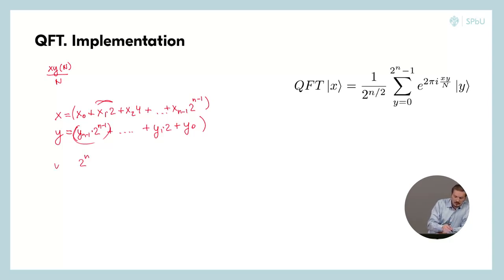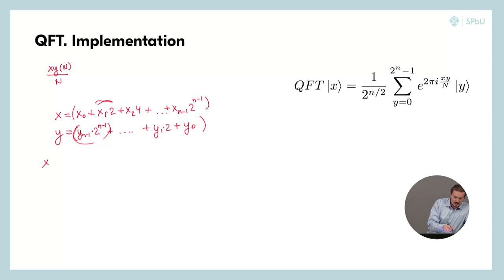So it would be y_{n-1} x1 2 to the power n. And when we divide by N, which is 2 to the power n, we get an integer. So we don't get the fractional part, but we need the fractional part. So we remove all such elements from this product.